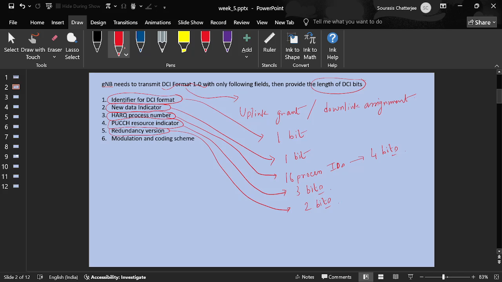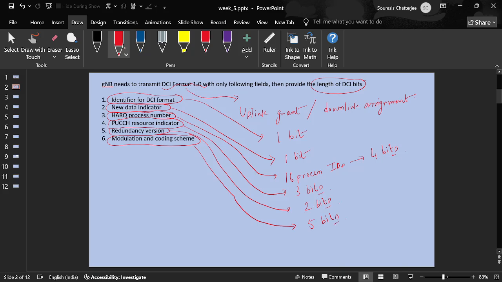There are 4 possible RVs, therefore 2 bits, fine. And what about the modulation and coding scheme? MCS 0 to MCS 27, so in total 28. The nearest power of 2 is 32, that is 5 bits.